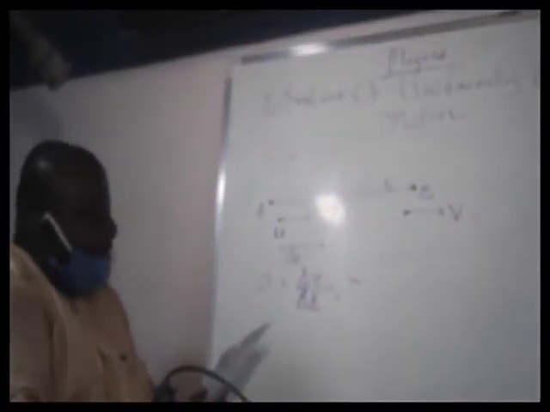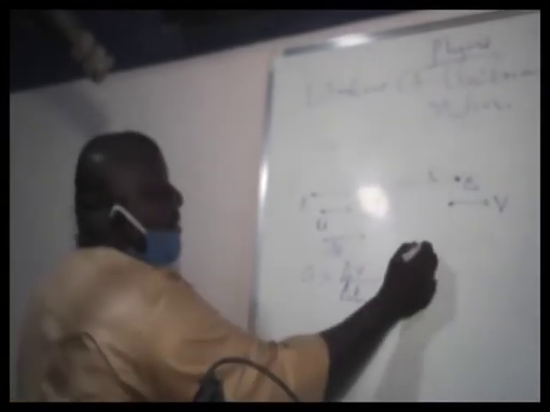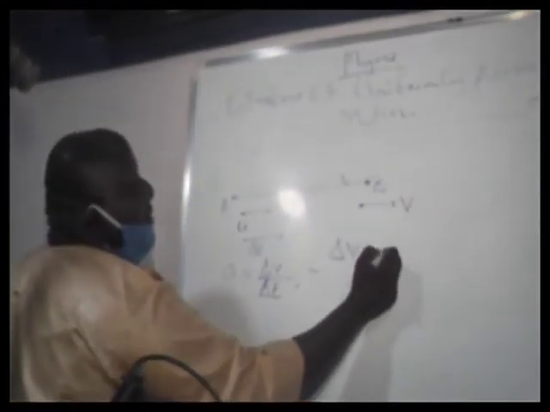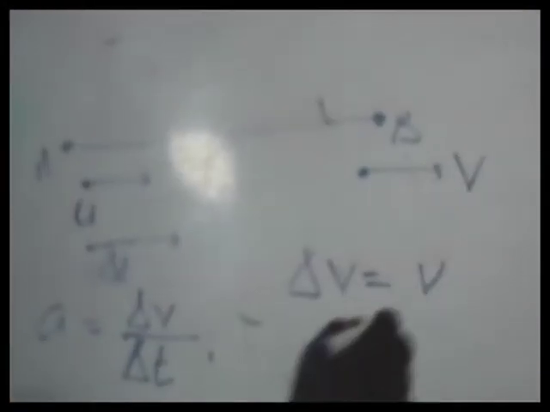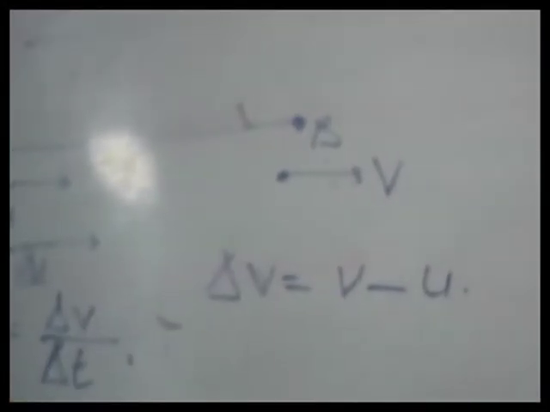We said that acceleration, which is represented with small letter a, is change in velocity all over change in time. Now, this change in velocity here is from final to initial. Now, when we have a change in velocity, that is delta v, it equals the final velocity, which is v, minus initial velocity, which is u.